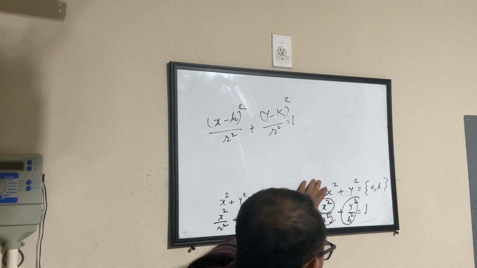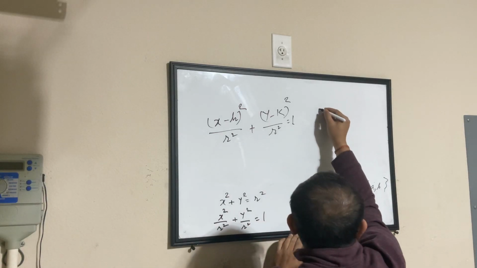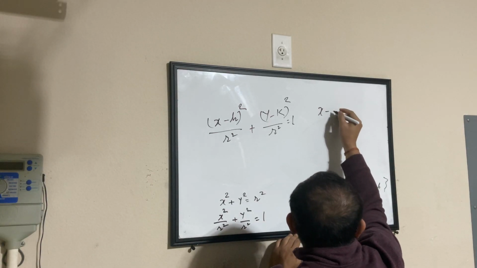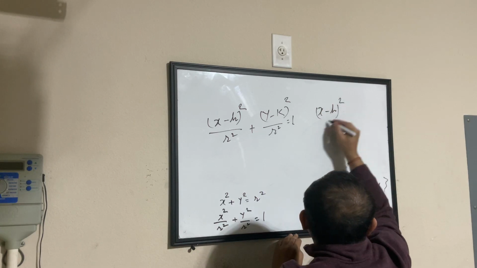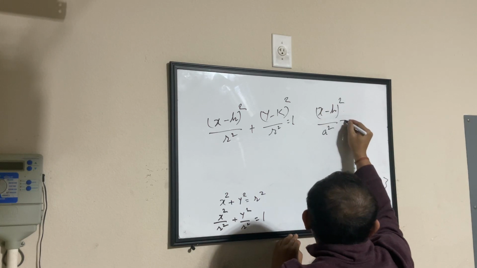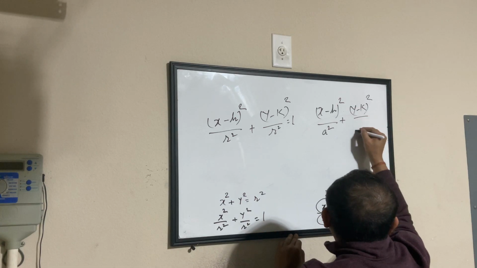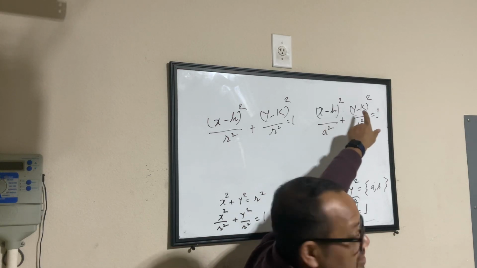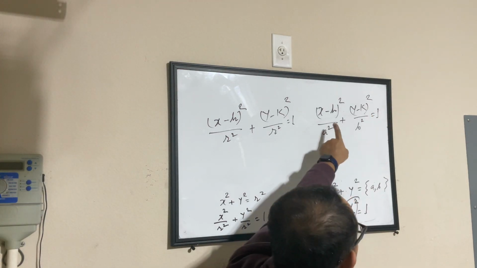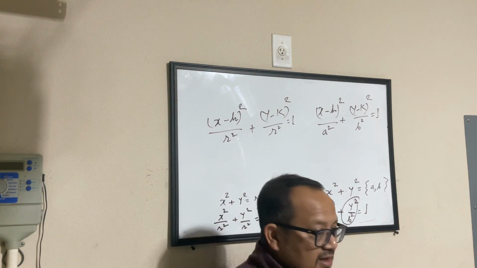If you compare that with your ellipse, it will be the same thing. Let's say your origin is h and k, so (x minus h) square by a square plus (y minus k) square divided by b square will be equal to 1. So here h and k are the x and y coordinates respectively of the origin of the ellipse. So this is how we will relate this.